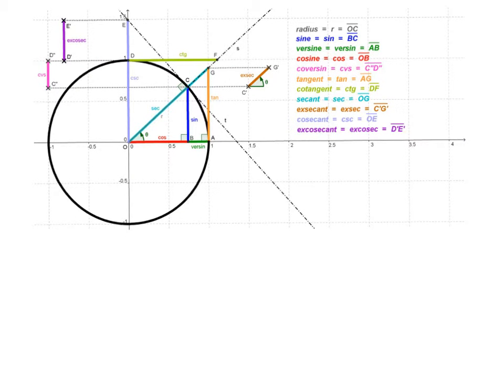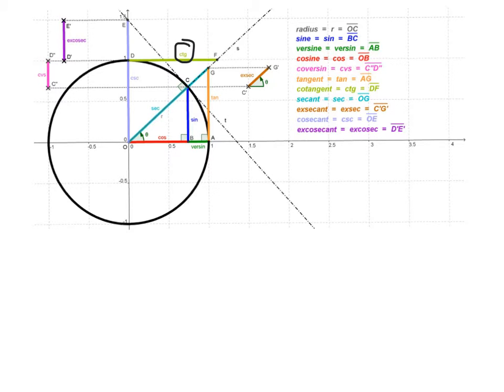Now, this next graphic actually takes us beyond what we've worked with in a regular trig class. And some of the notation is slightly different with cotangent. They show it as CTG instead of COT.